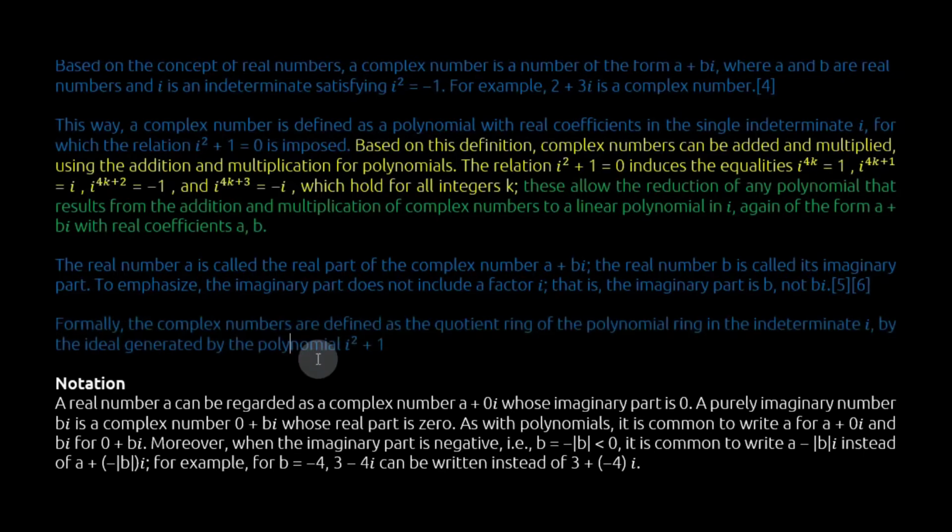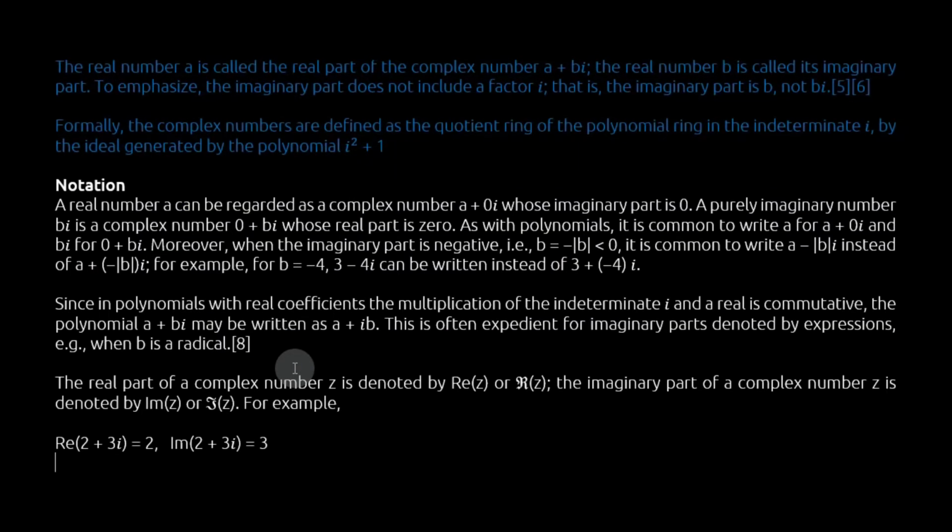A real number can be regarded as a complex number a plus 0i whose imaginary part is 0. A purely imaginary number bi is a complex number 0 plus bi whose real part is 0. As with polynomials, it is common to write, so this is just simple multiplication.